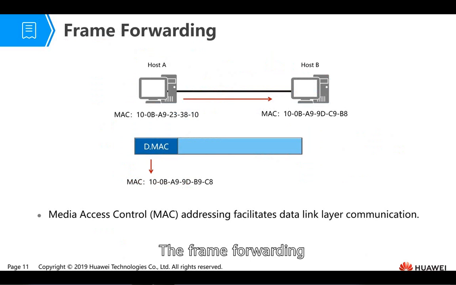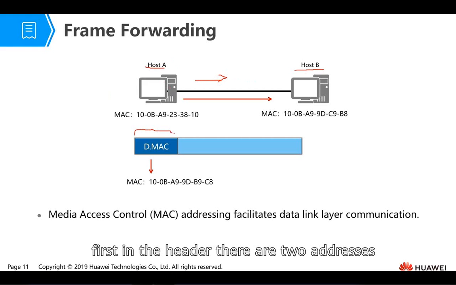And then the frame forwarding. Now we have the frame. If host A wants to send data to host B, it uses the Ethernet frame. In the Ethernet frame, first in the header there are 2 addresses, MAC addresses.